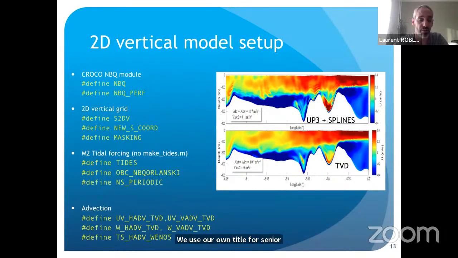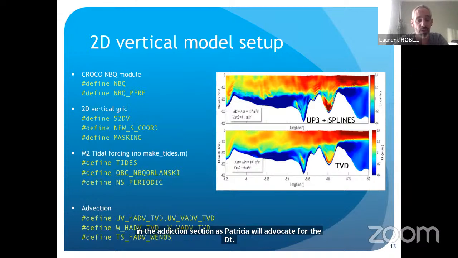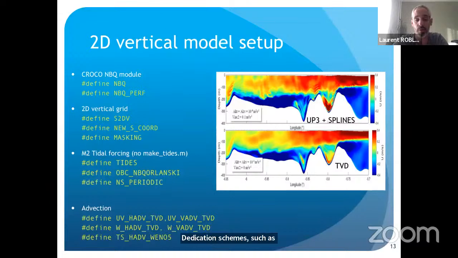And in the advection section, as Patrick, I will advocate for dedicated advection schemes such as TVD or WENO5 if you use a subgrid scale closure, such as GLS. As Patrick has shown, you will remove all oscillations using these shock capturing schemes.